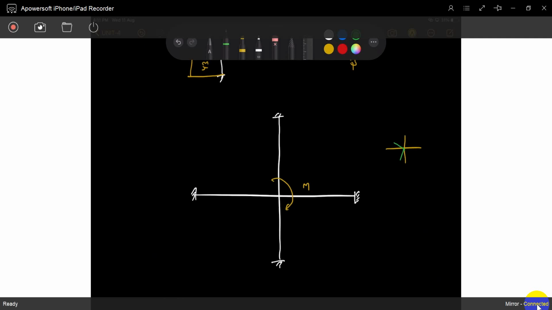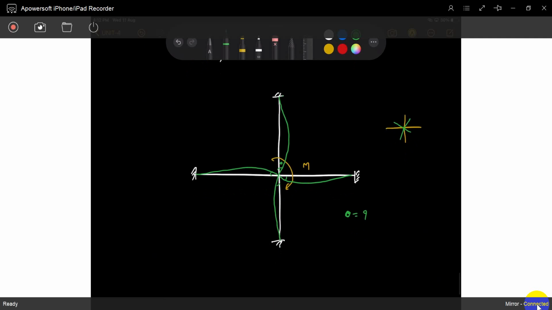How is it moving? It has a rotation of some theta. Can you calculate what theta is? If you apply M, what is theta?